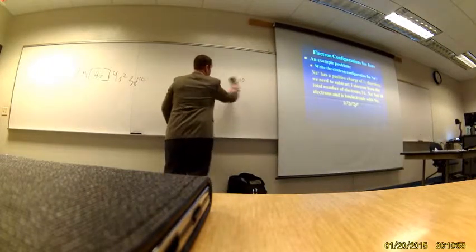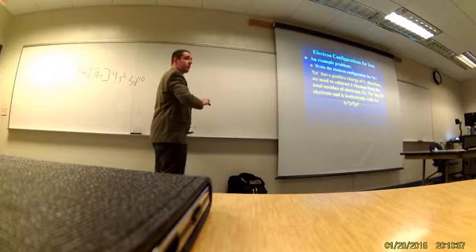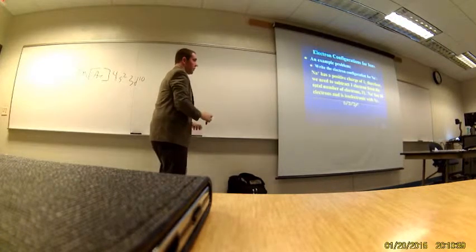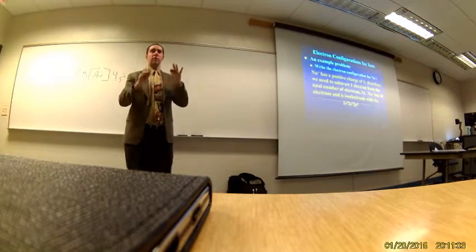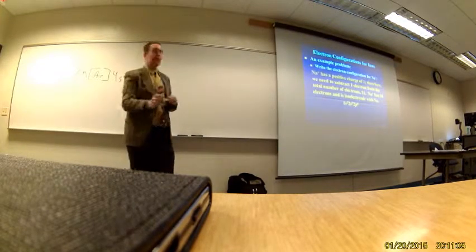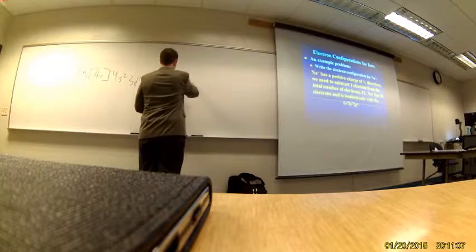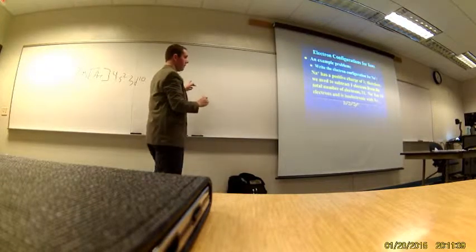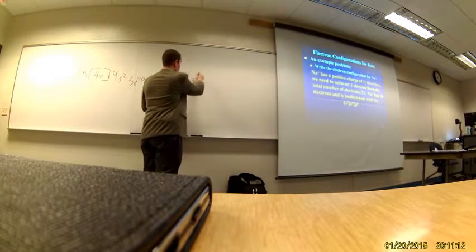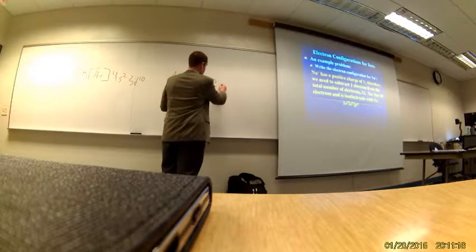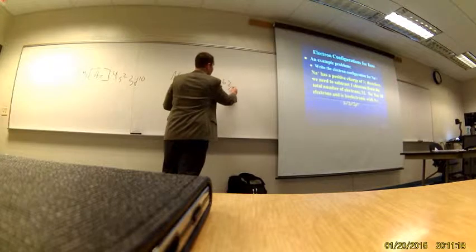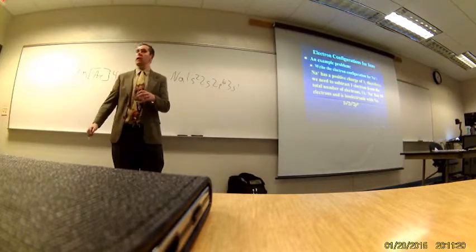Explain that again. Yeah. So, we're dealing with sodium. I would start and say, what is the electron configuration for sodium? So sodium is 1s2, 2s2, 2p6, 3s1, correct? Yes.